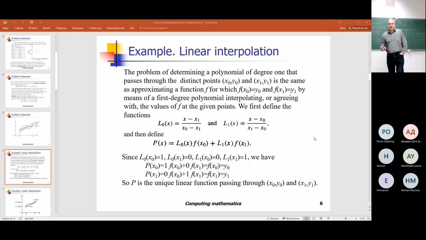That's why we consider just 2 points. We consider 2 points, and we are going to find a polynomial of the first degree that passes through these 2 points.